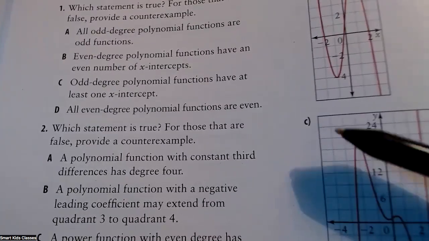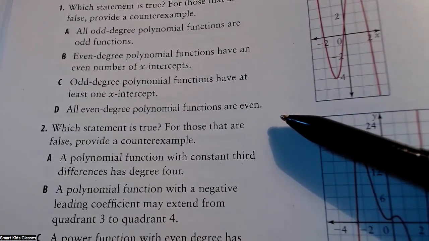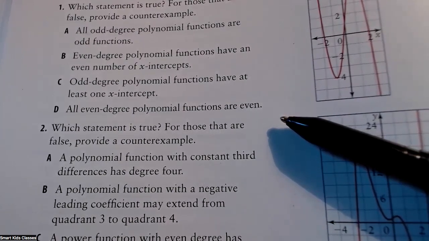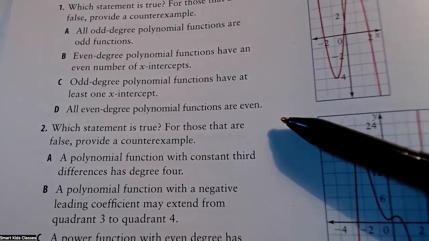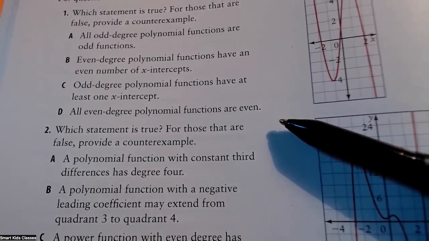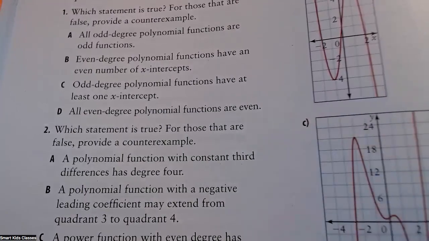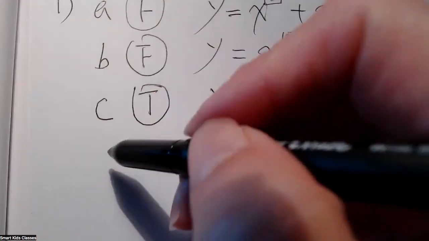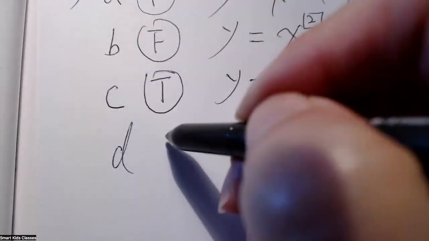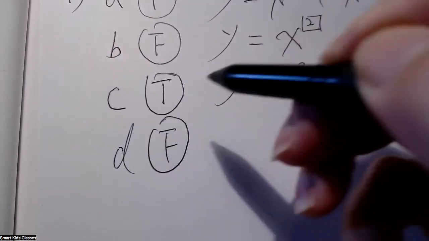Now, the next one we are going to do is D. All even degree polynomial functions are even functions. That's false. An even degree polynomial function doesn't mean it's an even function. Let's use an example to prove it.